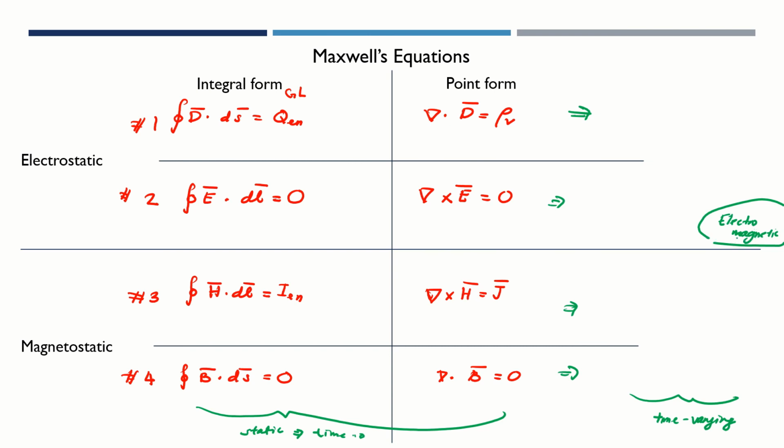So later on we will move to time varying, and after that to electromagnetic, and that will be the final part of the EMT course. So far we have covered all the magnetostatic field and electrostatic field, and I hope you are able to get the gist from those two static world motions.